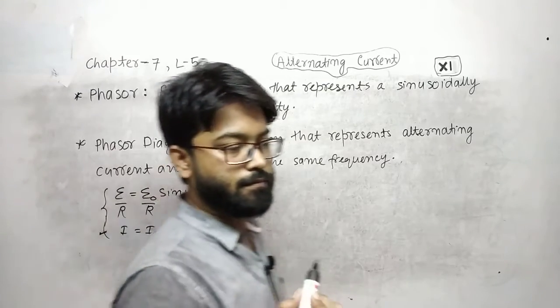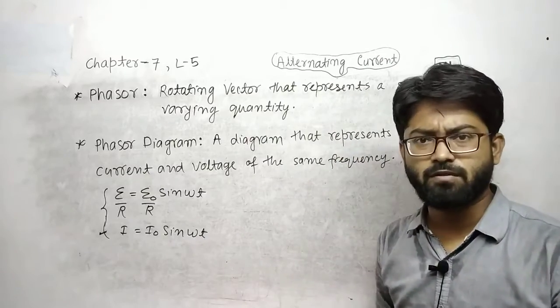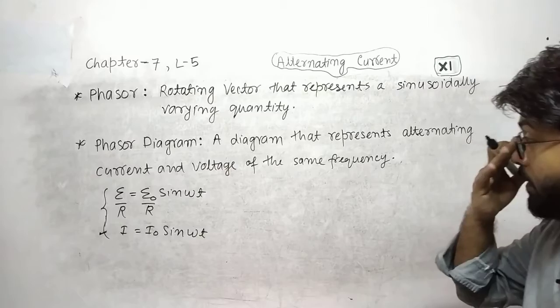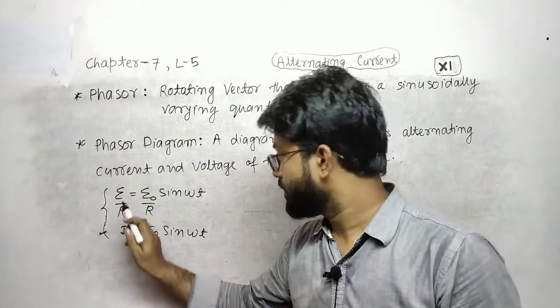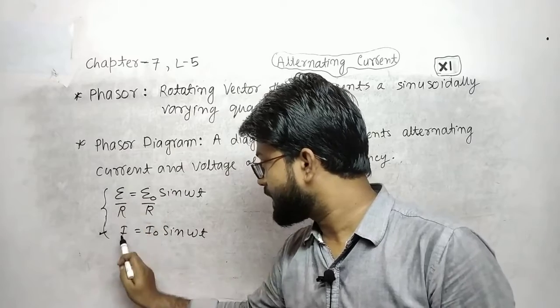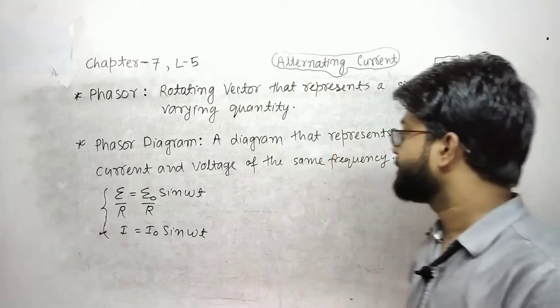R is generally greater than 1, meaning more than 1 ohm. That's why the magnitude of E will be greater than the magnitude of I, because after dividing by R we will get I.